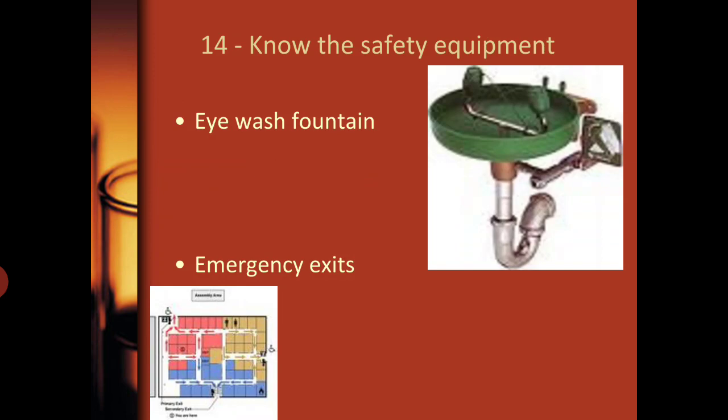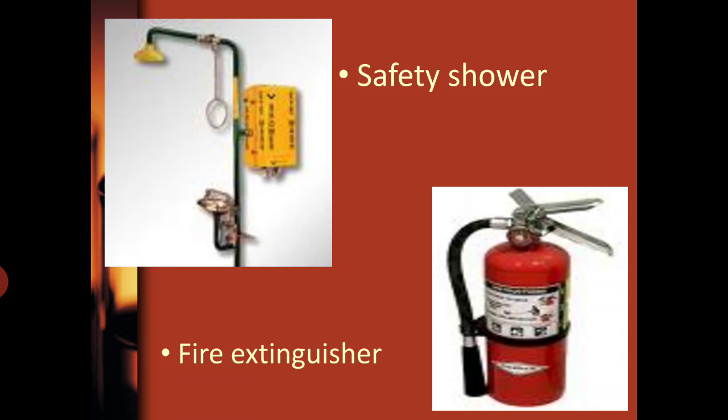These are the safety equipments: your eye wash fountain, which will be used for washing your eyes in case of any spills in the eyes, the emergency exits in and around your laboratory, the safety shower, and the fire extinguisher.